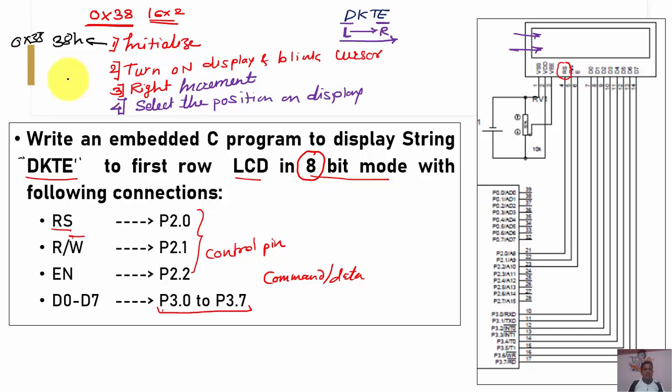To turn on the display and blink the cursor, we use either 0E or 0F. For right increment, 06H. For position select, if you are interested in the first row, 80H onwards, and for the second row, C0H onwards. Let us now discuss displaying DKTE on this LCD panel.